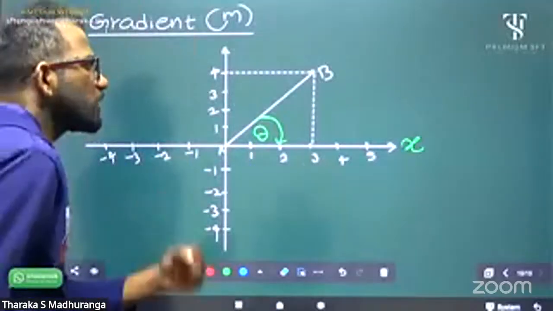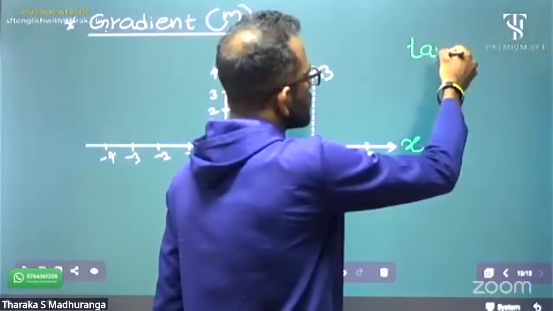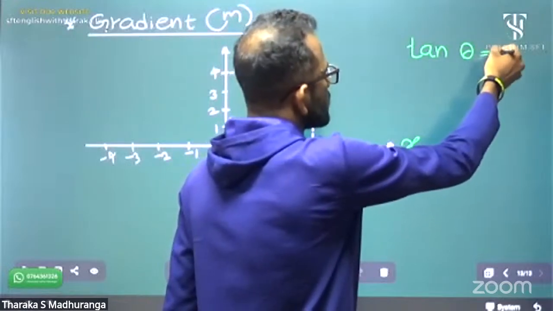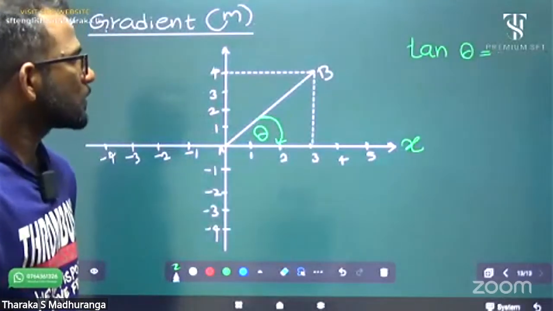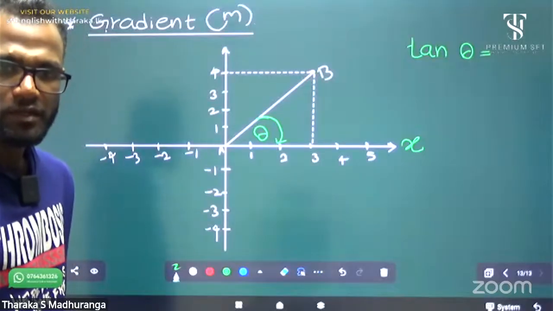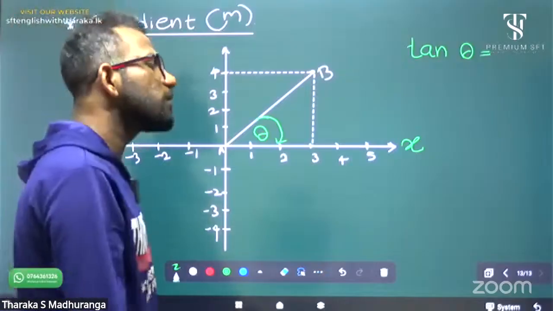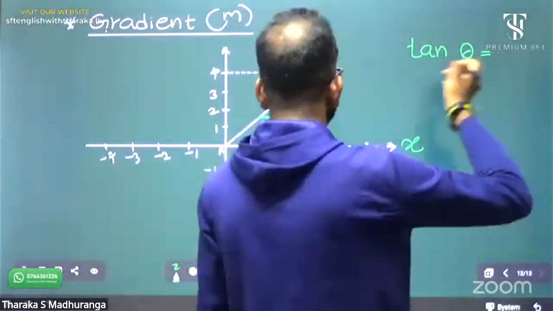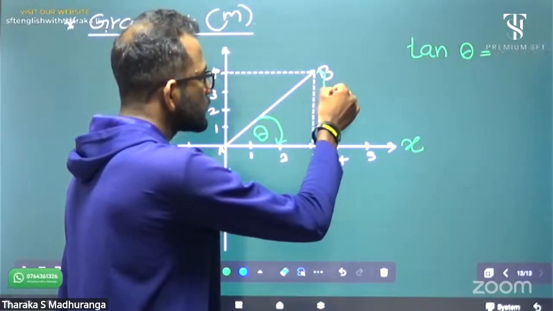Then how do we calculate this tan angle? Tan theta equals what? Opposite over hypotenuse? No. Opposite over adjacent. What's the opposite value? How many units on the opposite side?